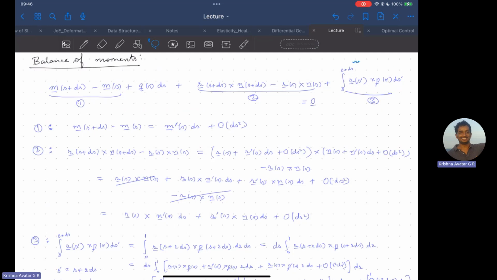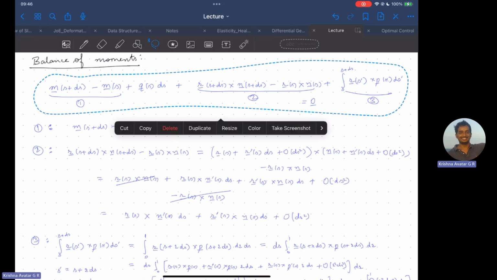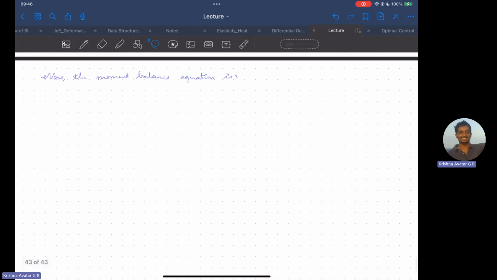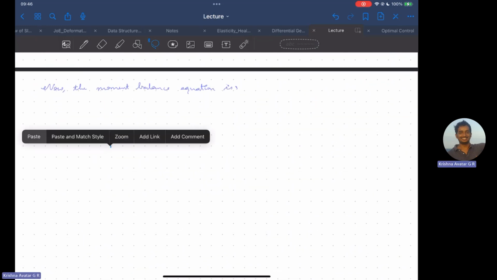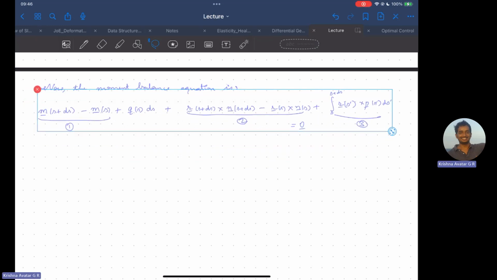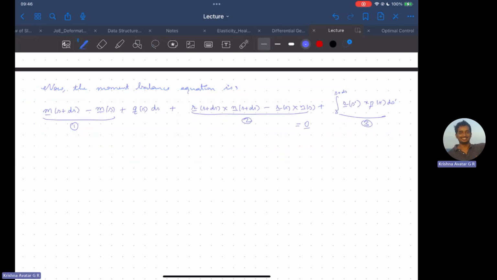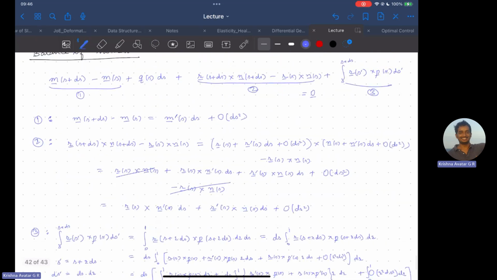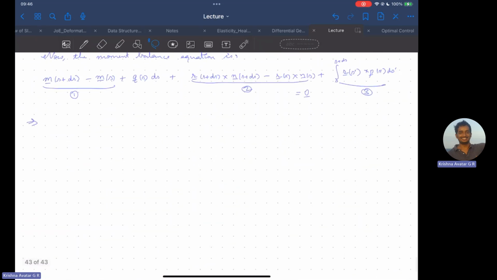Take all of them, copy it, paste it here. This was our guiding light. And then this implies that this is nothing but this, so copy and paste it here.